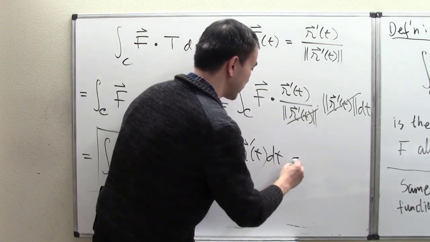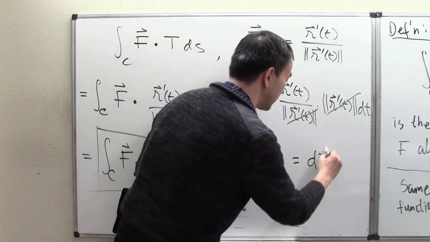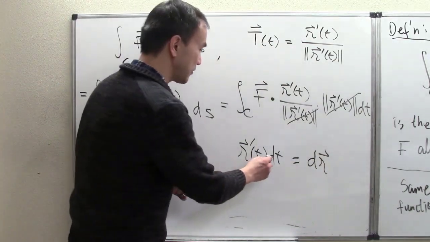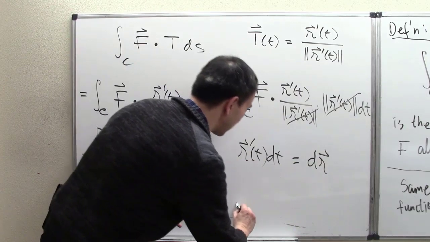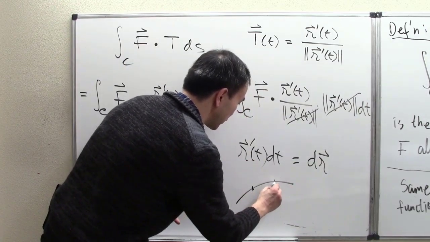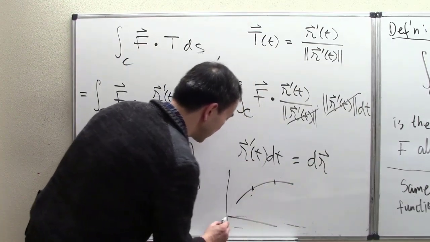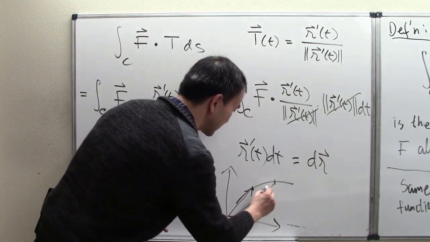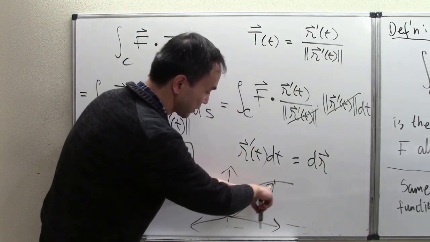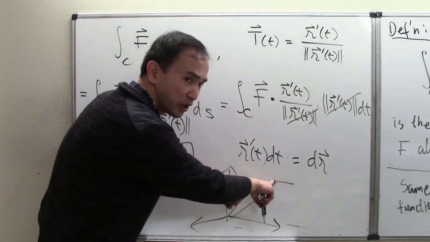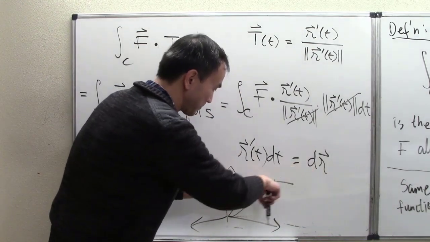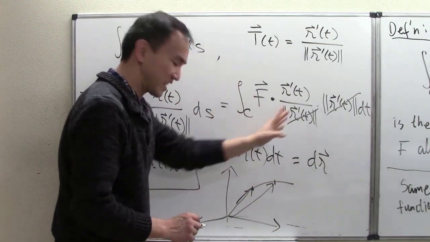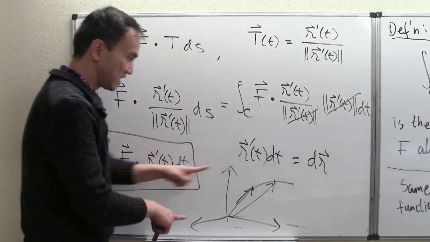R prime dt really is the differential dr. Think about it: if it's a large R in 3-space or whatever space, some r here and some other r, delta r is the change here, but as the interval is broken up smaller and smaller, it becomes a dr. And dr really is R prime times dt. And so now we're seeing it the other way: R prime times dt is dr.